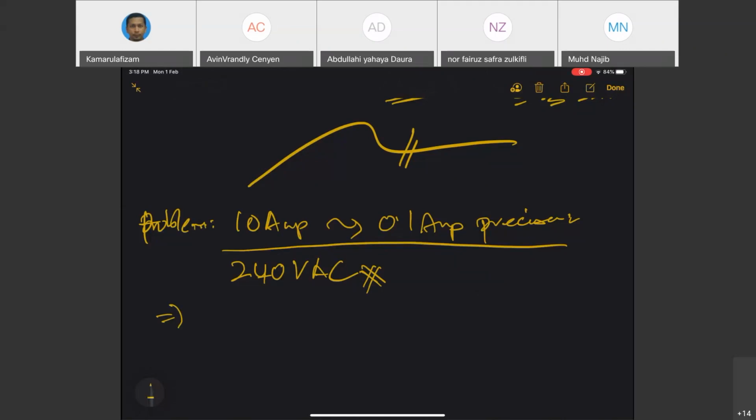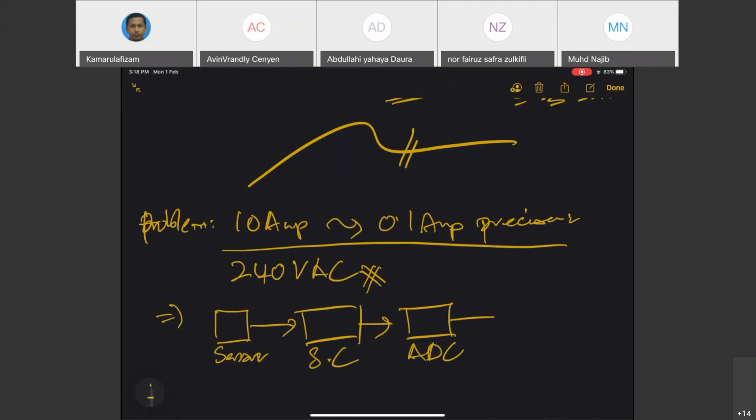Yes. So of course we always go back to our basic blocks, which are the sensor, then the signal conditioning, then the ADC, then the display.